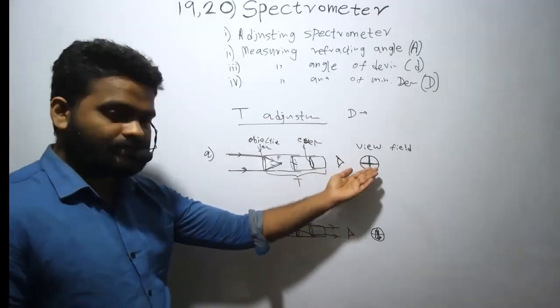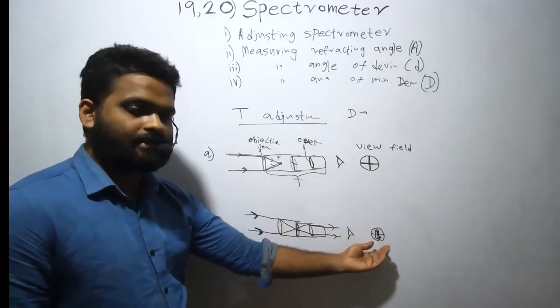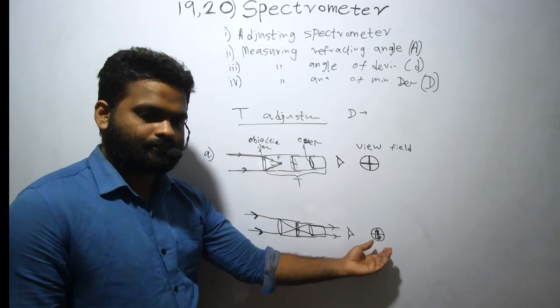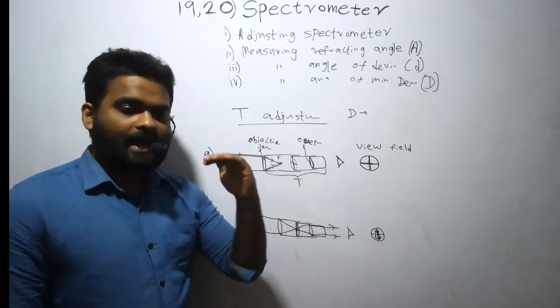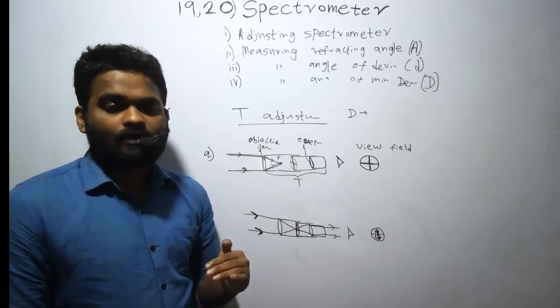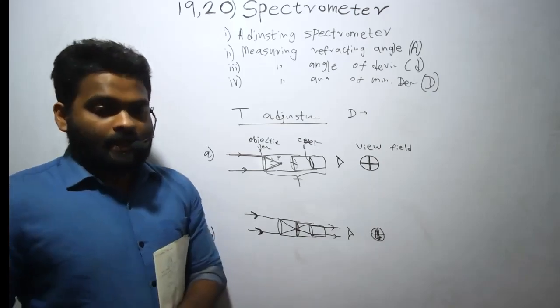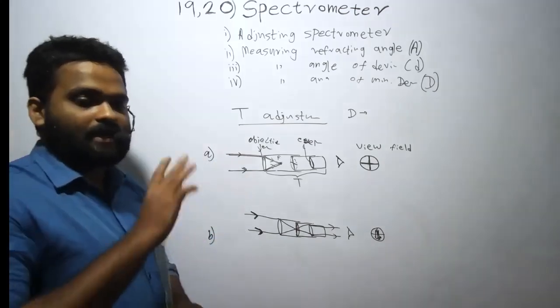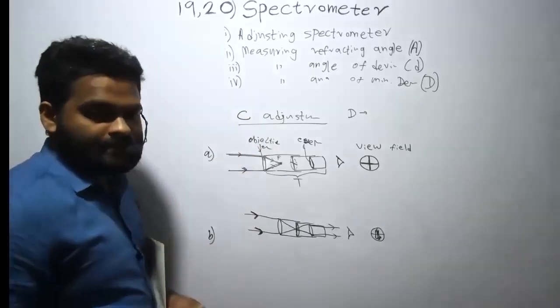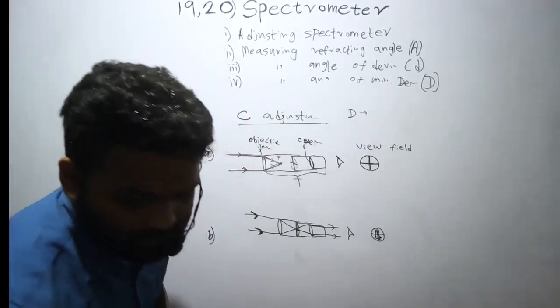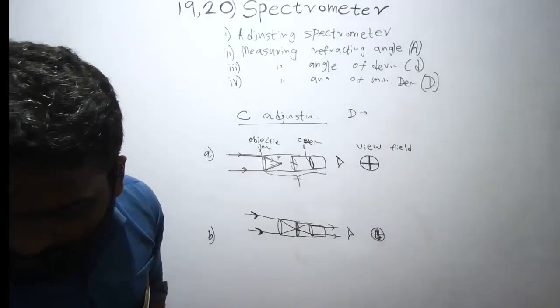Without seeing the crosswires, you cannot take the image to the crosswires. Those are the two sub-adjustments for the telescope, in order. Then the collimator adjustment. Write down the topic: collimator adjustment.